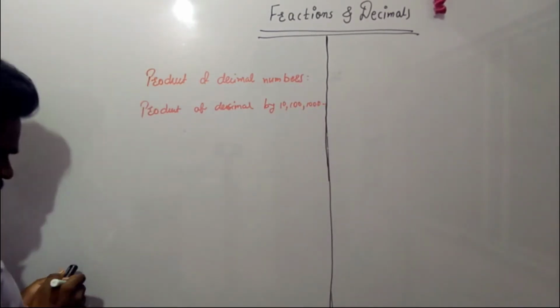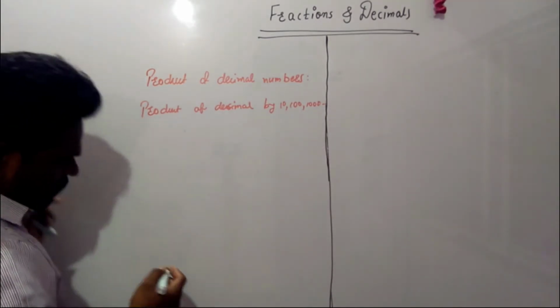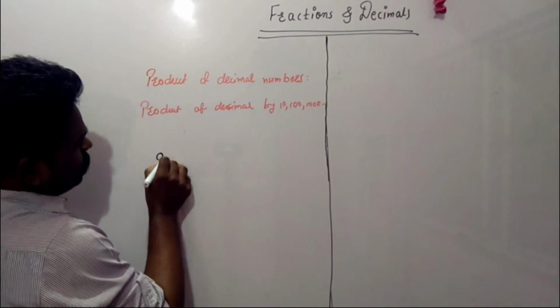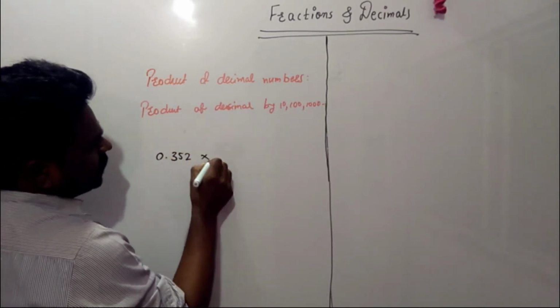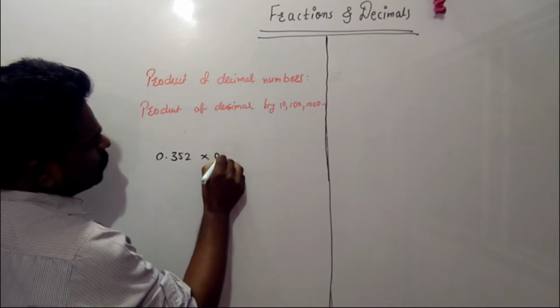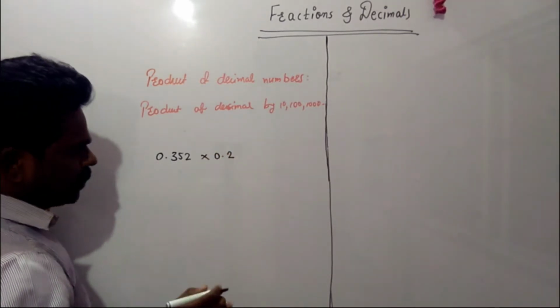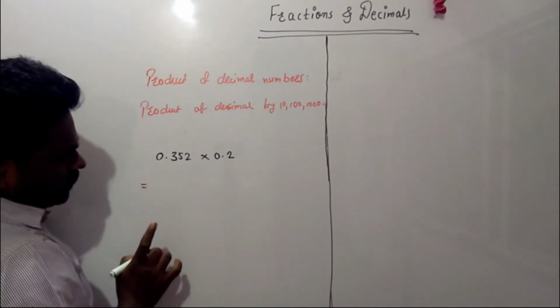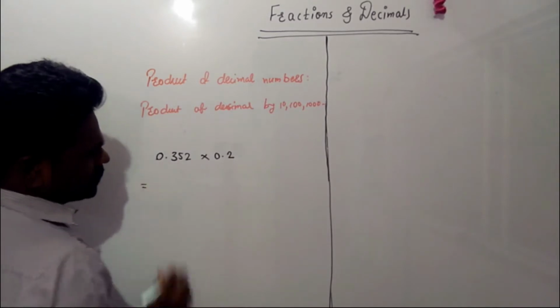Okay, fine, no problem. We discussed that if 0.352 is there and into 0.2 is there, we need to do this multiplication. What I told you in the last lecture is that we just remove all these decimal points.